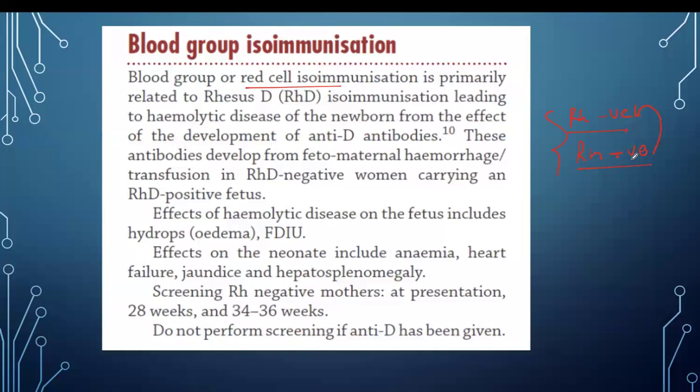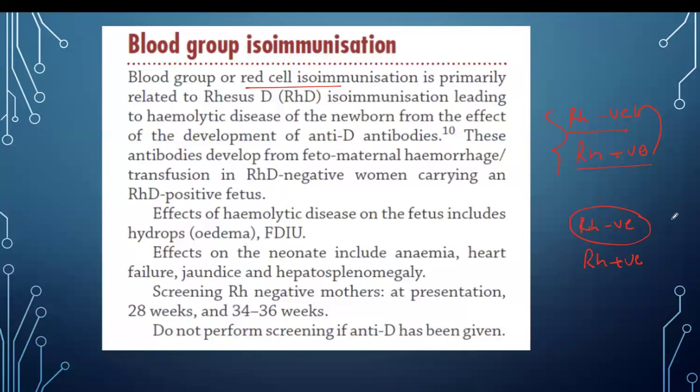The first baby will not have any problem. But the second time, let's say again the mother is Rh negative and the baby is again Rh positive. The problem at the moment is that the mother has an antibody against the baby's blood.